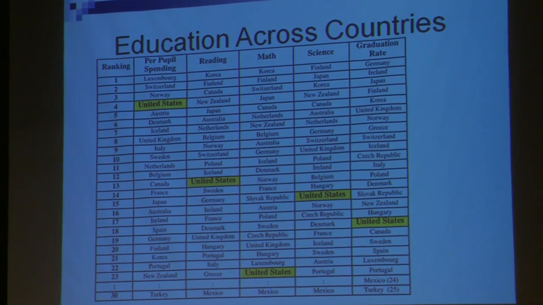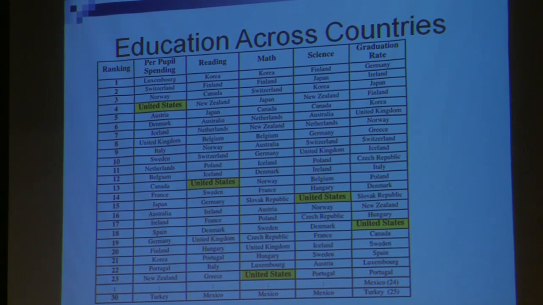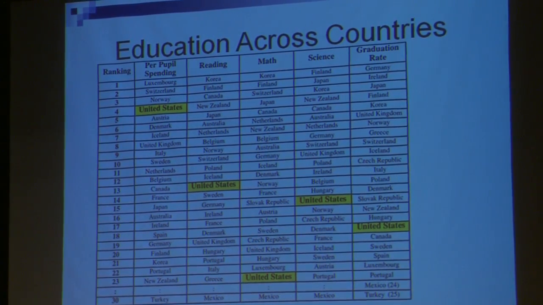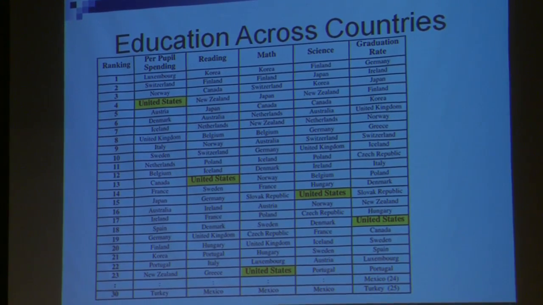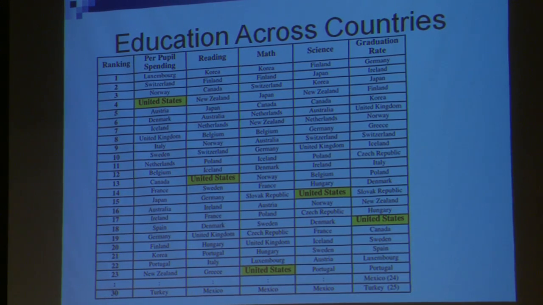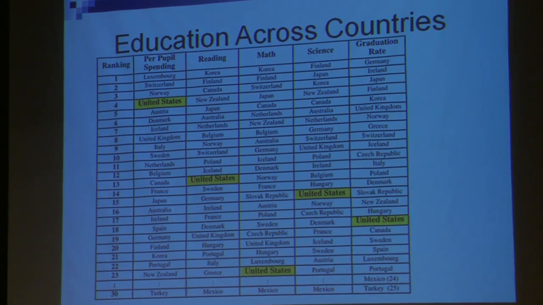But one statistic that policymakers often bring up is how much money do we spend per student? And what I've placed up here is I've placed the US with a bunch of other OECD countries, and you can see in the first column here, we spend a lot of money in relation to our peer countries.